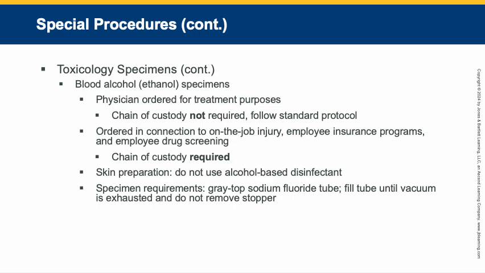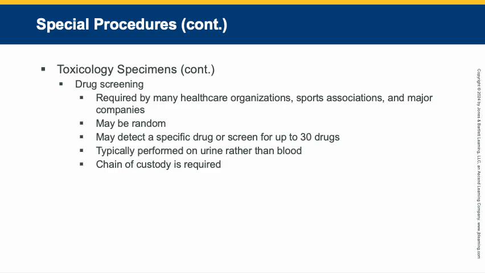If your lab doesn't have either of those antiseptics, then just regular soap and water can be used in a pinch. The brand name for benzalkonium chloride is Zephiran chloride. The specimen requirement is a gray top sodium fluoride tube. You're going to fill that tube until the vacuum is exhausted, and do not remove the stopper.